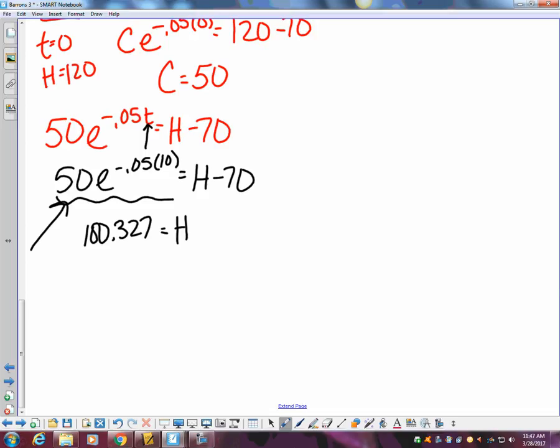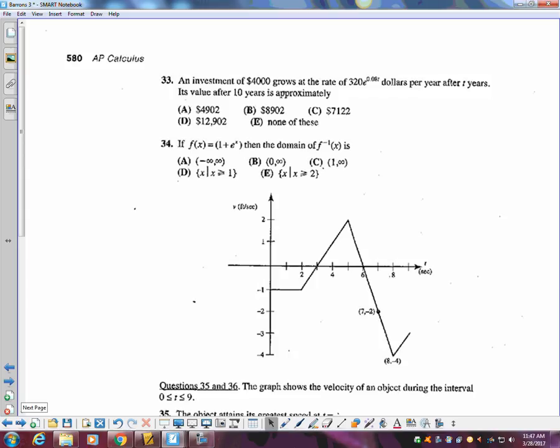Okay, now we're headed to number 33. An investment of $4,000 grows at the rate of 320e to the 0.08t dollars per year after 2 years. I want to know its value after 10 years. Okay, this is interesting. They're making you work for this one just a little bit.